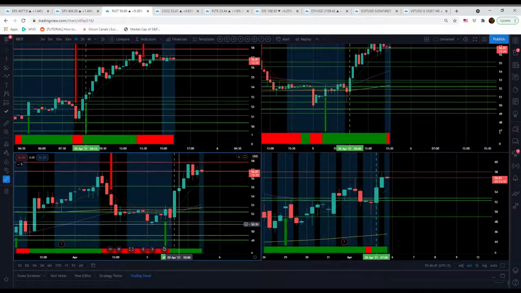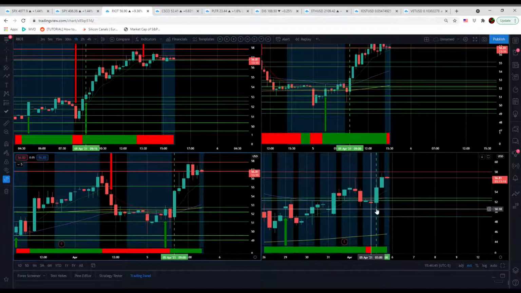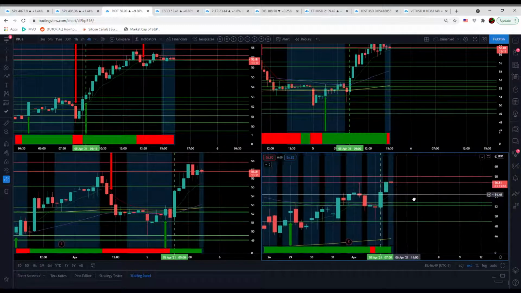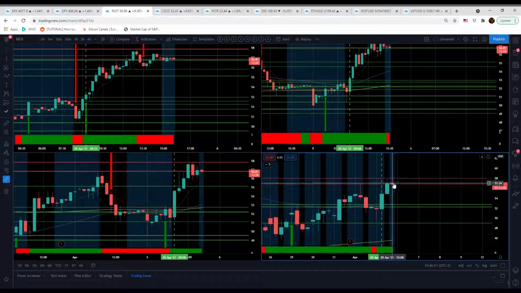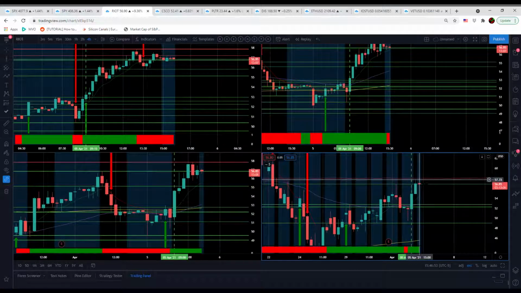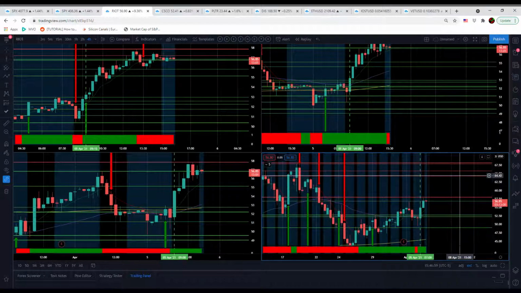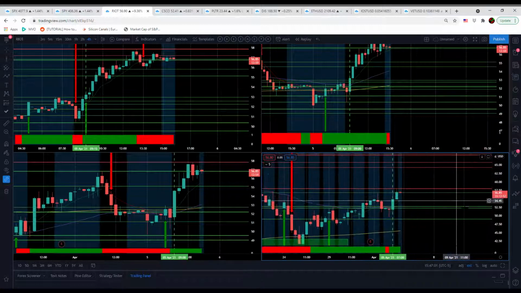The sniper 30 minutes, 1 hour is green. The 4 hours is also green. Everything's green. So right here, everything's good. If you want to swing this, make sure it breaks this confluence here, like 58.08. Make sure it closes above that. Then next stop would be like 64 for Riot.